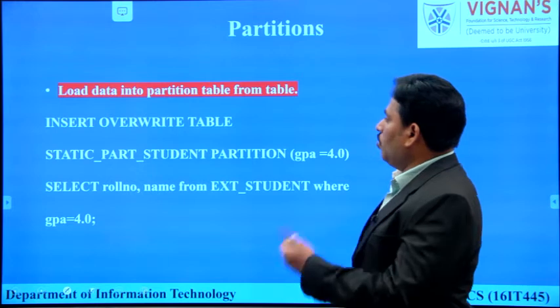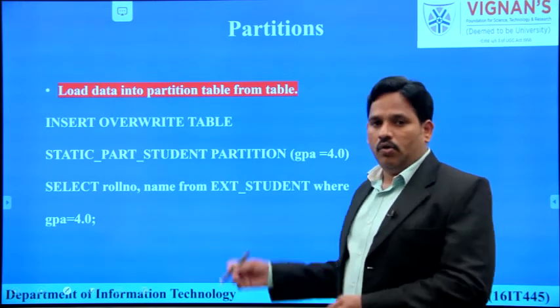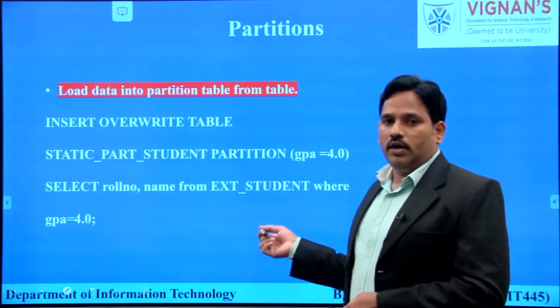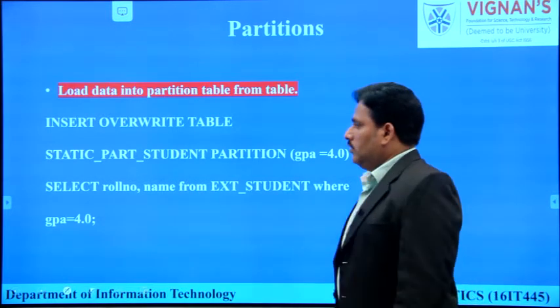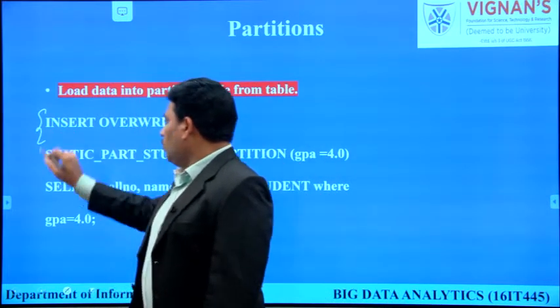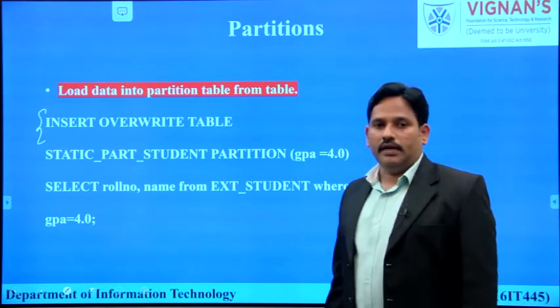So this is the syntax to create a partitioning in Hive environment. Now to load the data into the partition table from the table. In the first slide we saw how to create the partitioning. Now we are moving the data into the table. To load the data into the partition table, we have to use the keyword insert. Insert overwrite table.